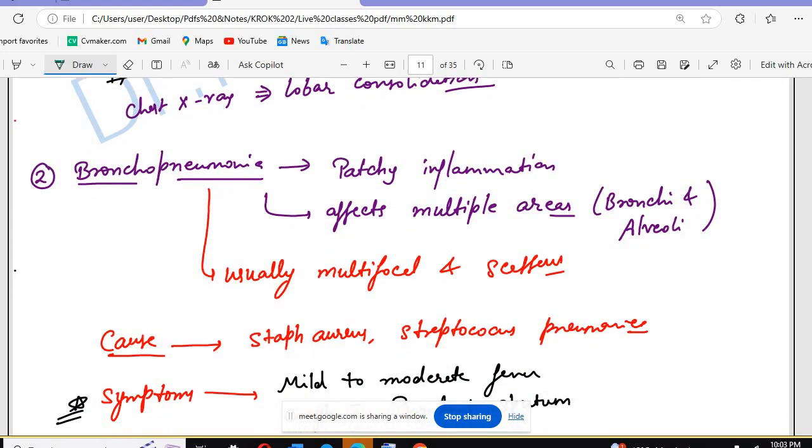Bronchopneumonia: you see patchy inflammation. It affects multiple areas, so some patches will be there.